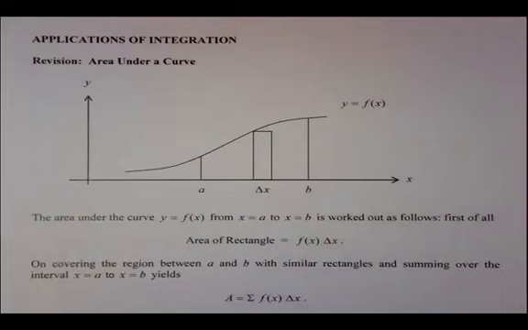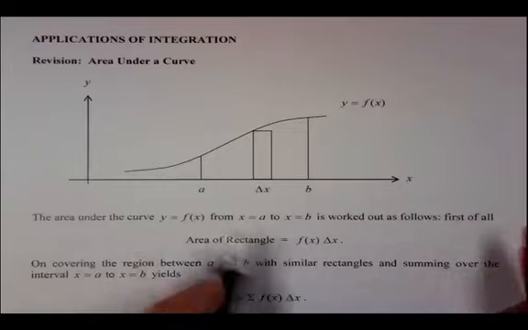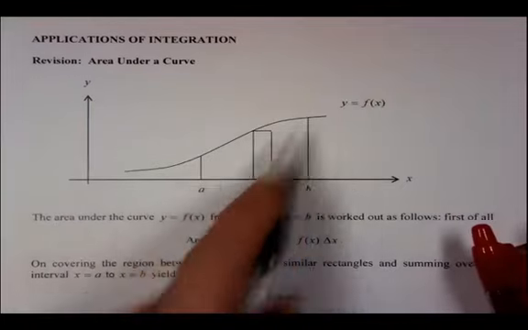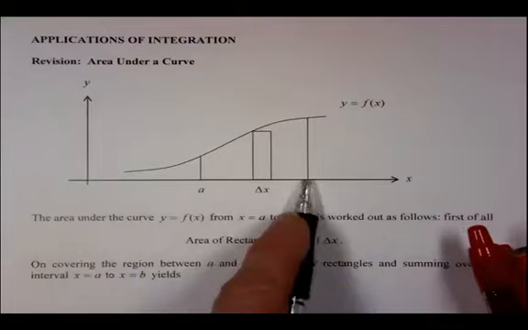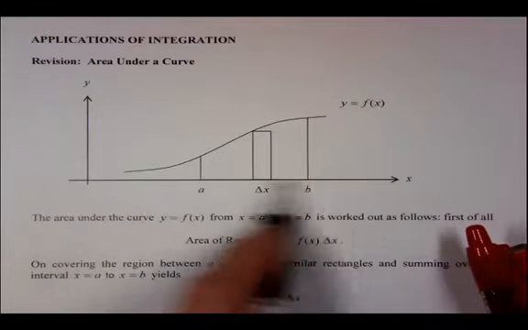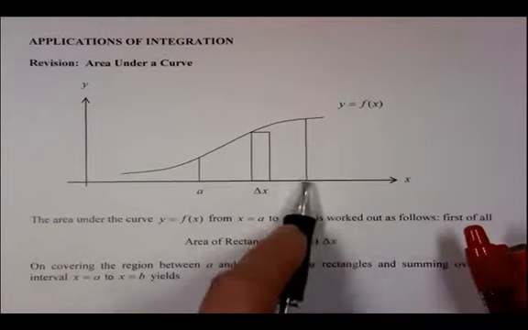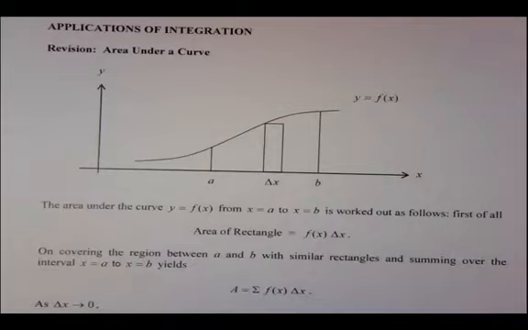Integration allows us to find the area under a curve. Now let's think about what's behind that again, because we're going to be using this same argument in slightly different contexts this week. If we want to find the area under the curve, but above the x-axis, between x equals a and x equals b, we start by thinking how we might approximate it.